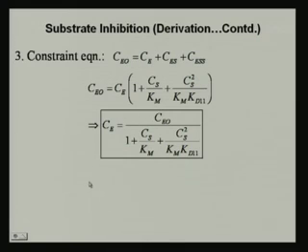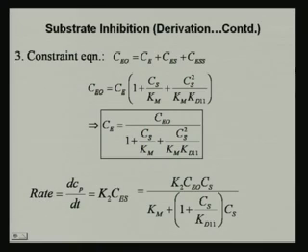That you can substitute from here, because now you have CES in terms of CE naught. So k2 times CES, which is k2 times CE naught CS over this term. This is what you get.